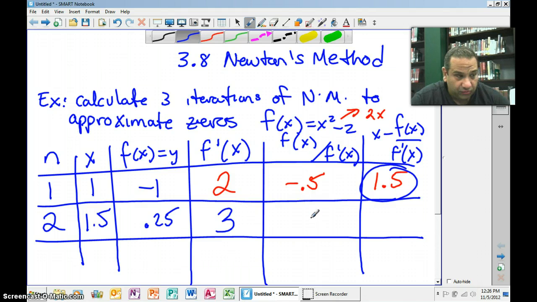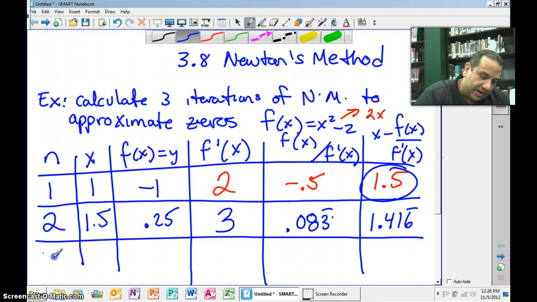Then we divide 0.25 by 3, and we get 0.083 repeating. When we subtract that from 1.5, we get 1.416 repeating.